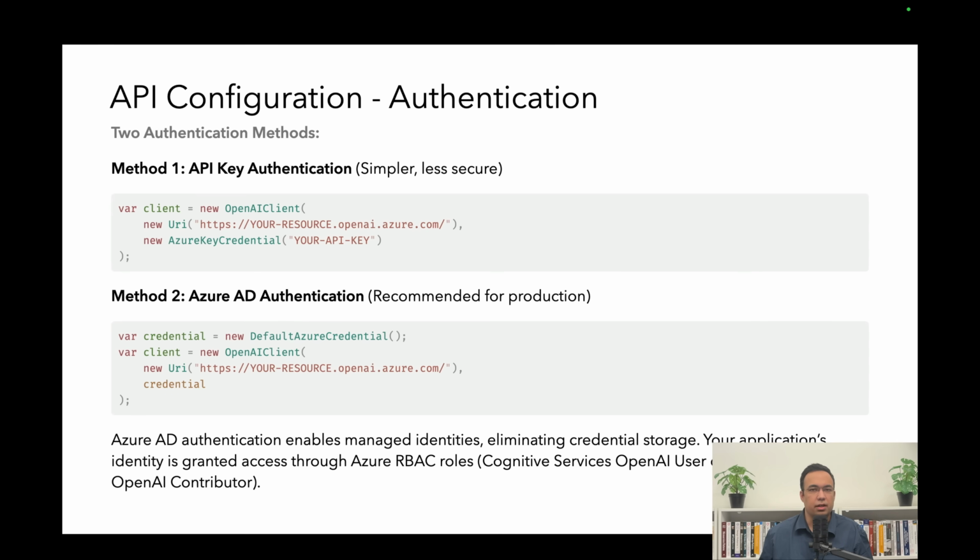You would typically assign either the Cognitive Services OpenAI User role for read access or the Cognitive Services OpenAI Contributor role for administrative access. The key benefits here are automatic credential rotation, fine-grained permissions through RBAC, and comprehensive audit logging. You can see exactly which managed entity made which API call and when.